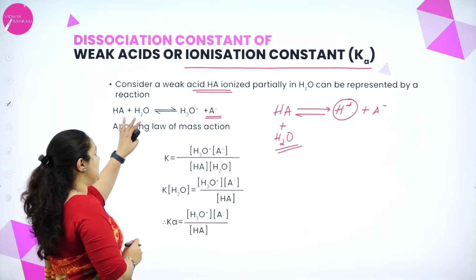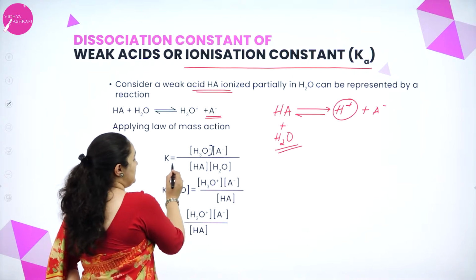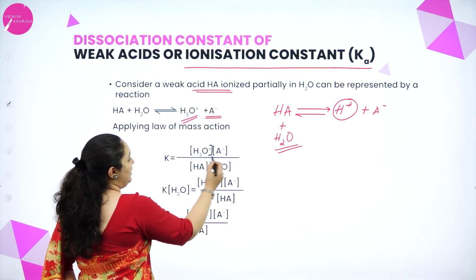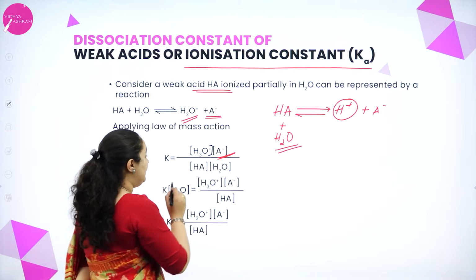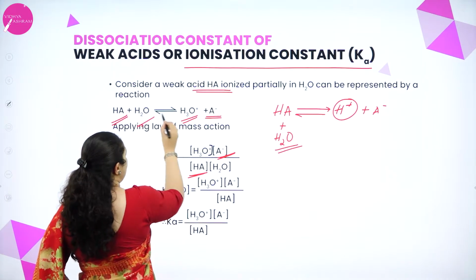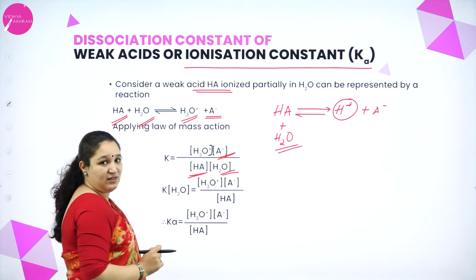So, now this one is at equilibrium, and if I apply law of mass action, K is equal to molar concentration of H3O plus ion into molar concentration of A minus ion, that is the products, divided by molar concentration of HA and molar concentration of water. Now, this water molecule, I'll take it on the other end.